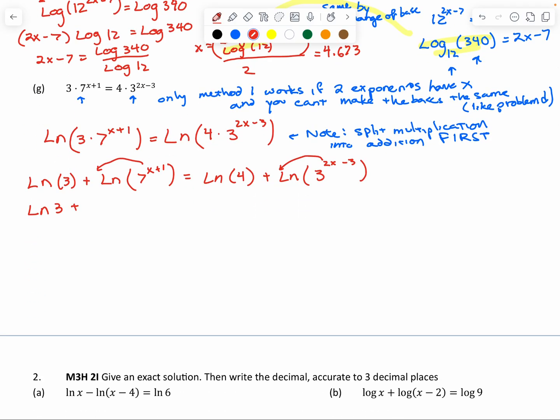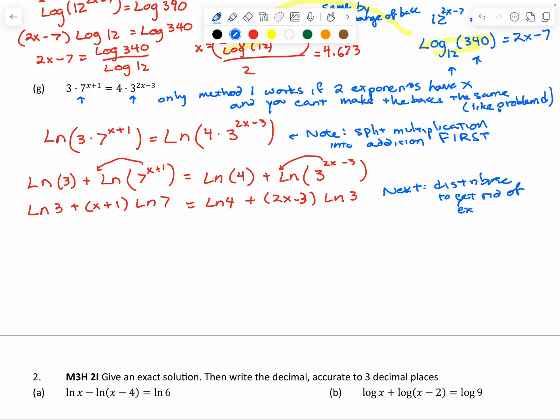Sorry. Don't forget parentheses. So I'm going to distribute the ln 7 to both terms and the ln 3 to both terms.